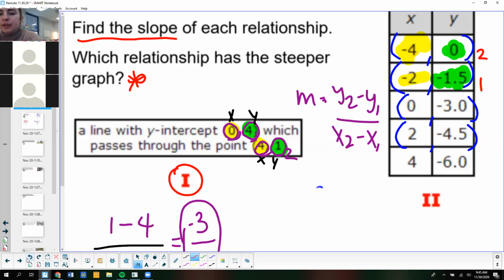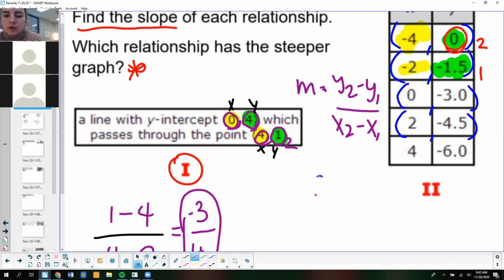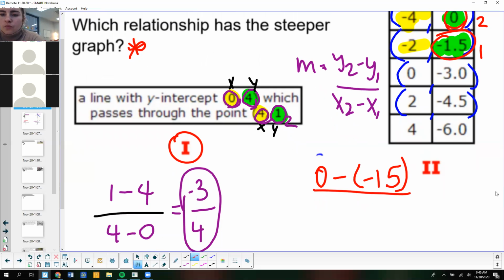All right, so y2, that's going to be 0. So that's our y value from our point number 2. So 0 minus y1. So 0 minus a negative 1.5, divided by, and then we've got negative 4 minus a negative 2.